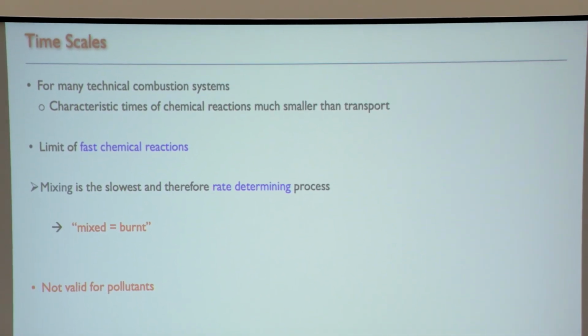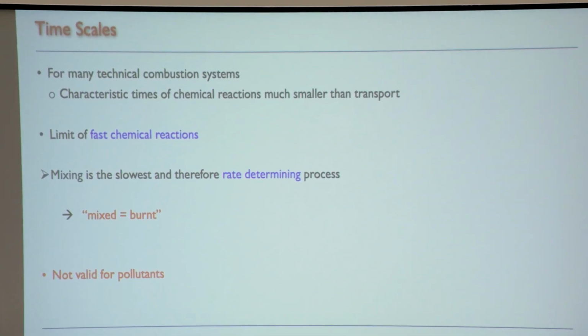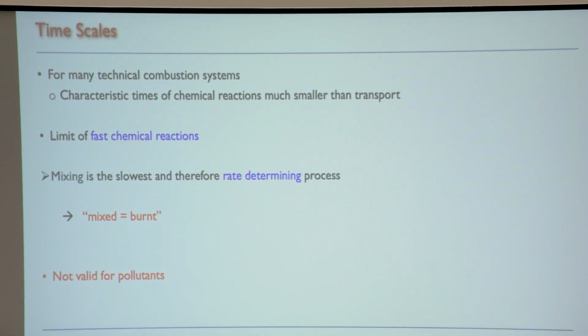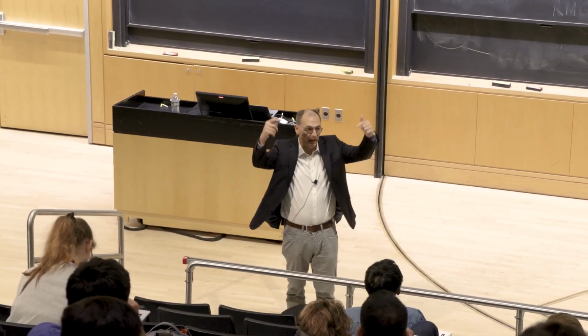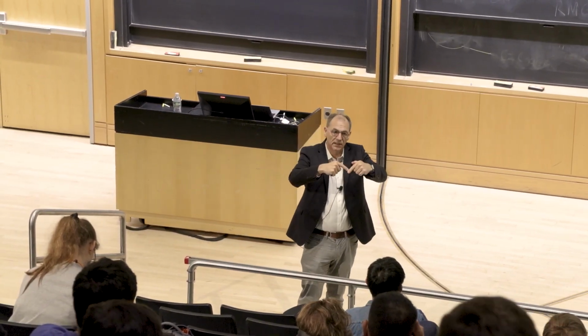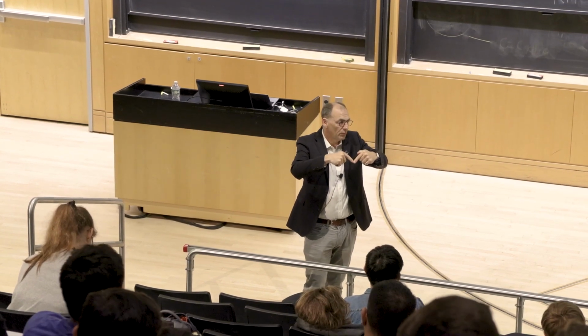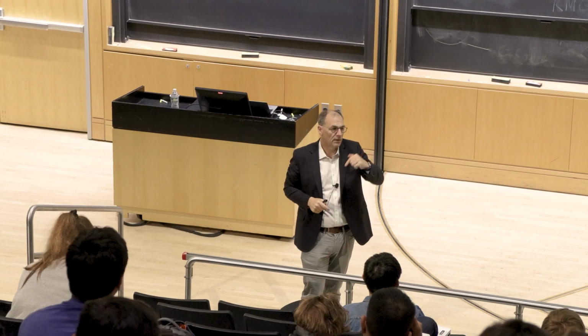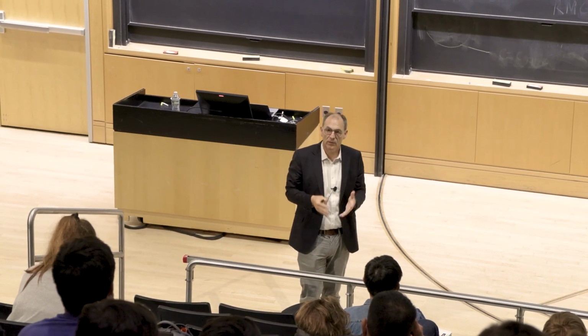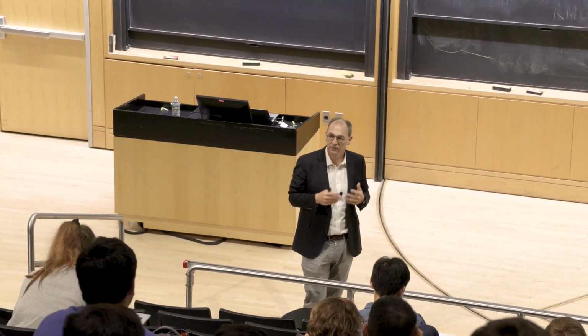Time scales. What's interesting is mixing. I talked about the gradients. The higher the gradients, the faster the diffusion velocity into the flame is, which means the more fuel per unit time will come into the flame. So high gradients make diffusion flames really fast.